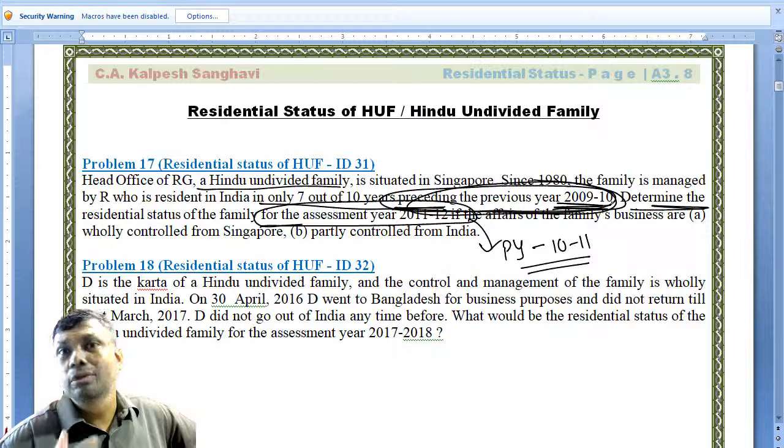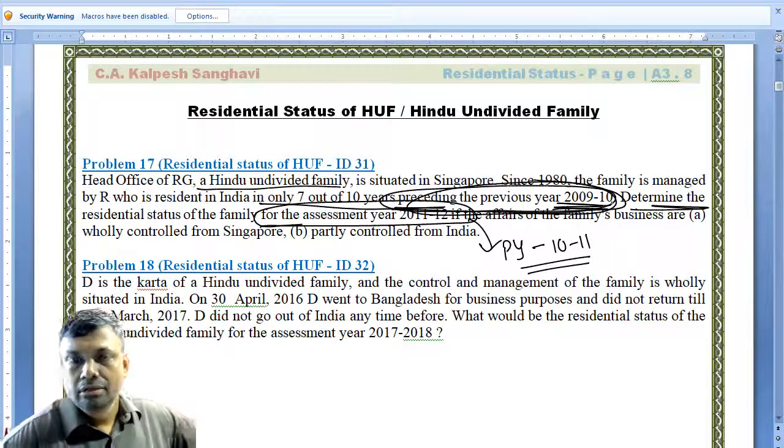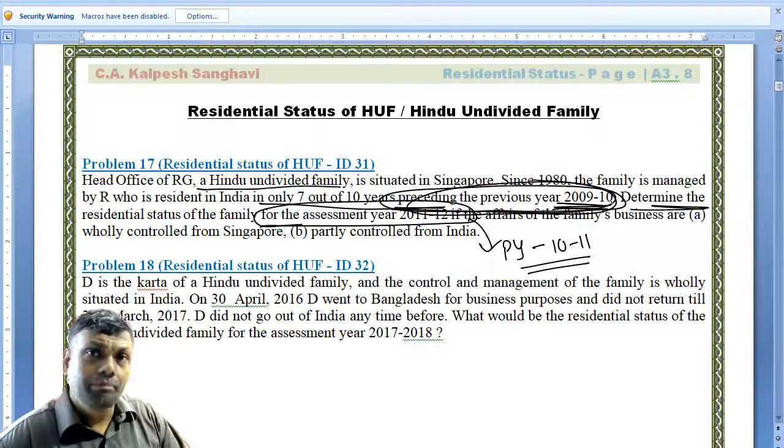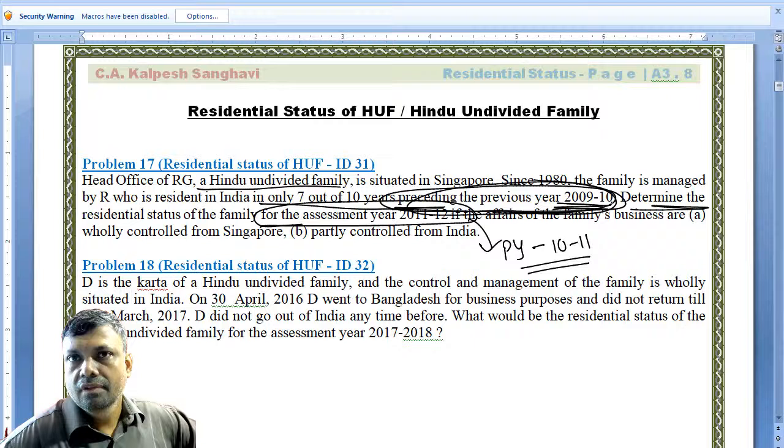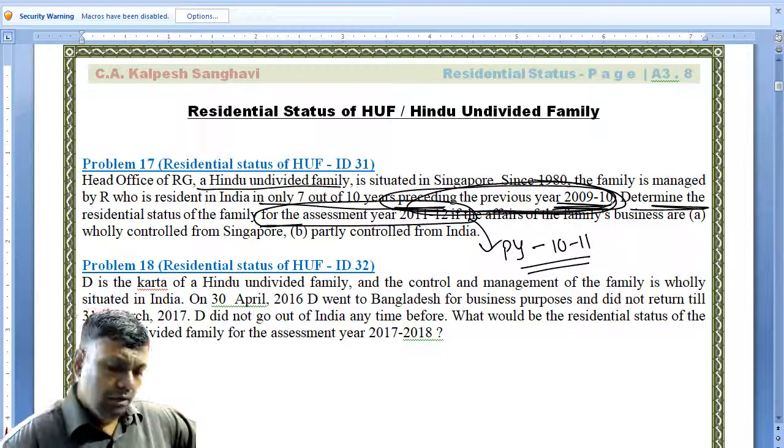But everything you have to link with the previous year. So what is your previous year and the years before that? That concept will work well irrespective of whichever year is printed in your question paper.